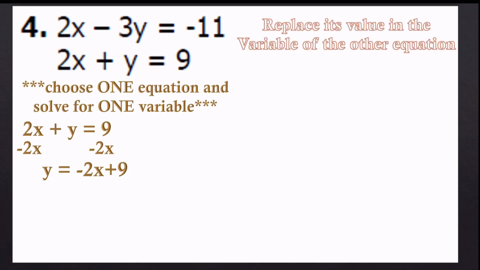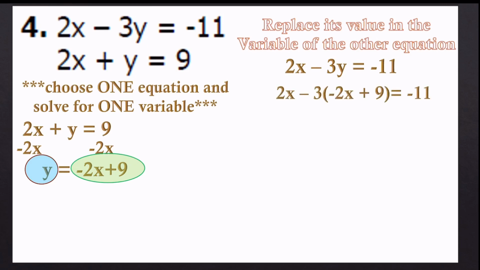So now I'm going to replace its value in the other equation. But I'm replacing y. So notice what it equals. And this is what I'm replacing it with. When I distribute, I get 6x because it's a -3 times a -2. Then a -3 times 9 is -27, and that equals -11.